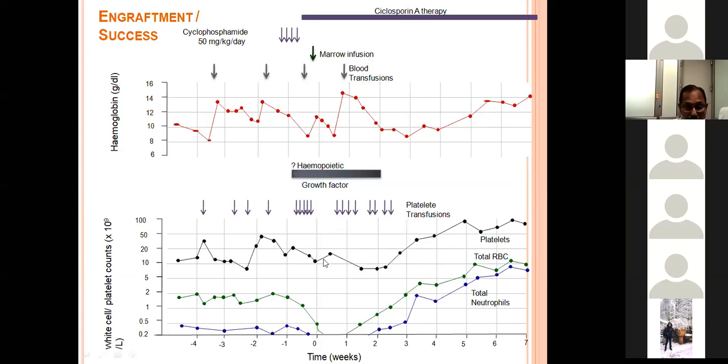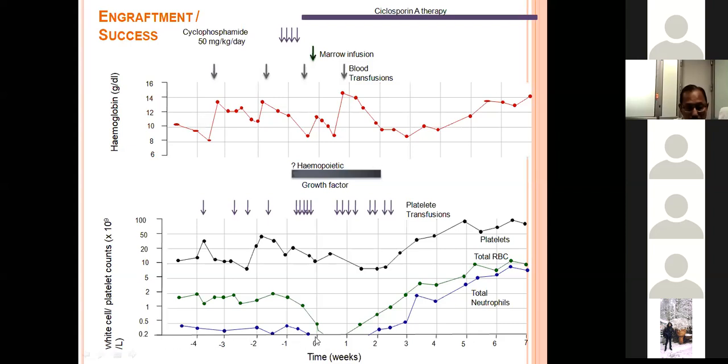So this is day 0, and here the platelet count is 10,000. Because of conditioning, marrow is almost burned. Myeloablative conditioning होती है, very heavy doses of chemotherapeutic drugs are given to eradicate the disease and to make space in the marrow for the stem cells to be transfused. This blue line is almost 0.2.